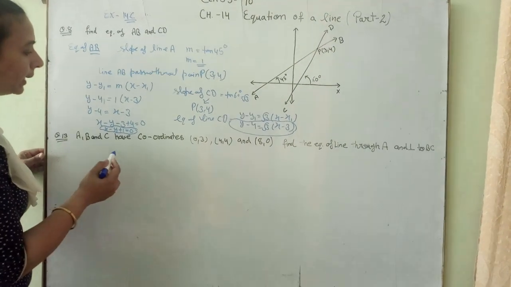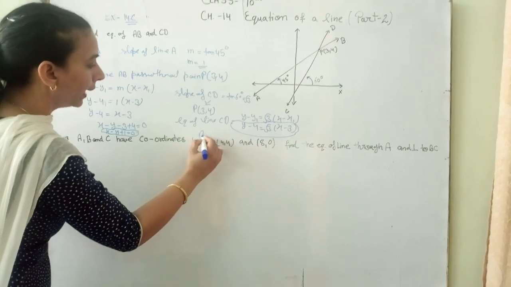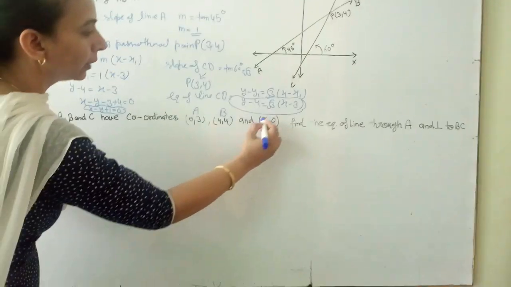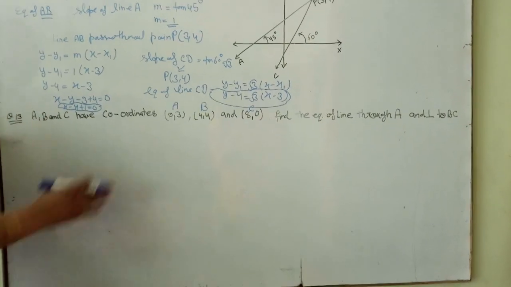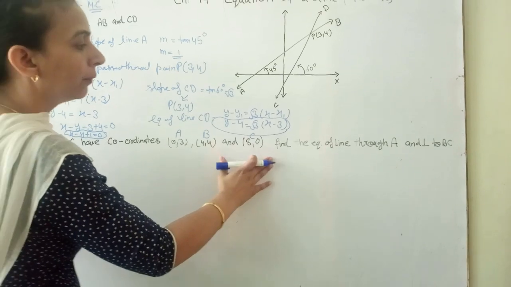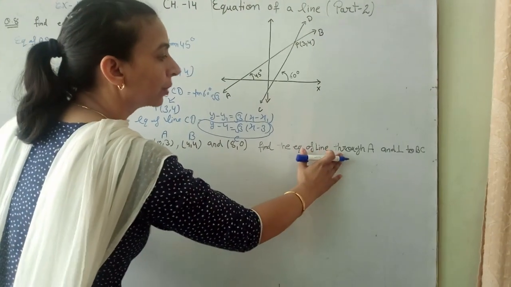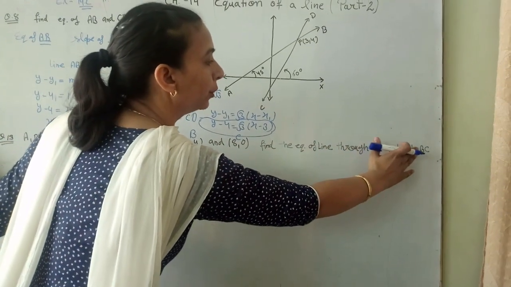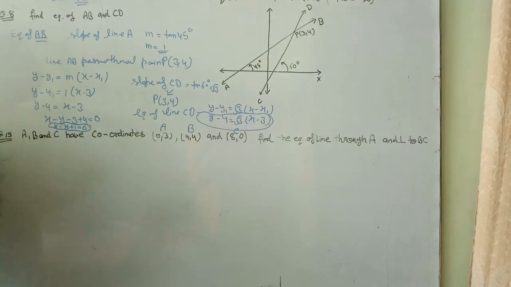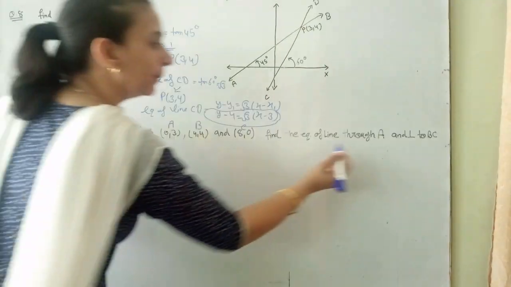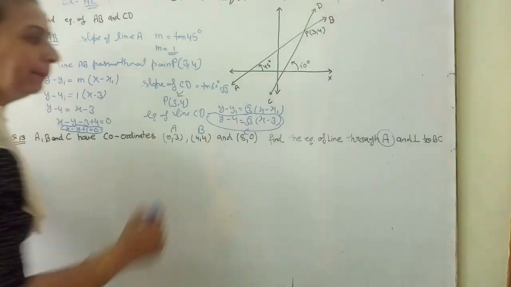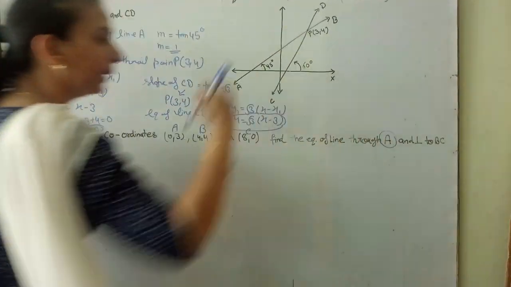Next, question number 13. We have the coordinates of A, B and C. There are three points A, B and C. Find the equation of the line through A and perpendicular to BC. Find the equation of a line through A, meaning passing through point A, and perpendicular to BC.